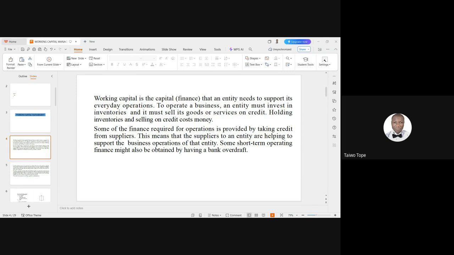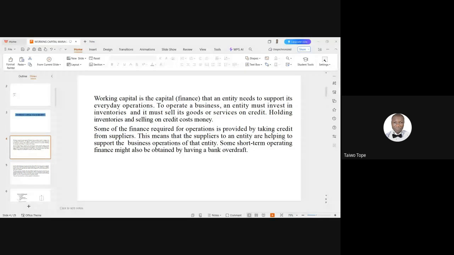And beyond availability of cash is that there should be increase in the business profitability. So the two main objectives of working capital are to ensure that a business has sufficient liquid resources to continue in business and also to increase its profitability.